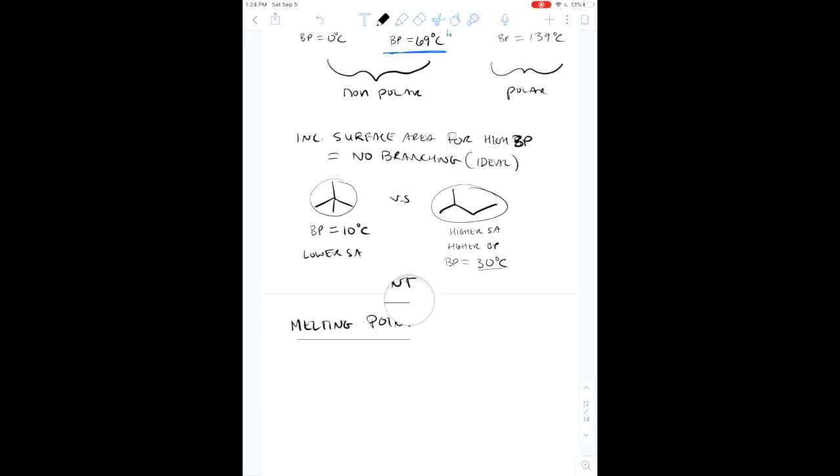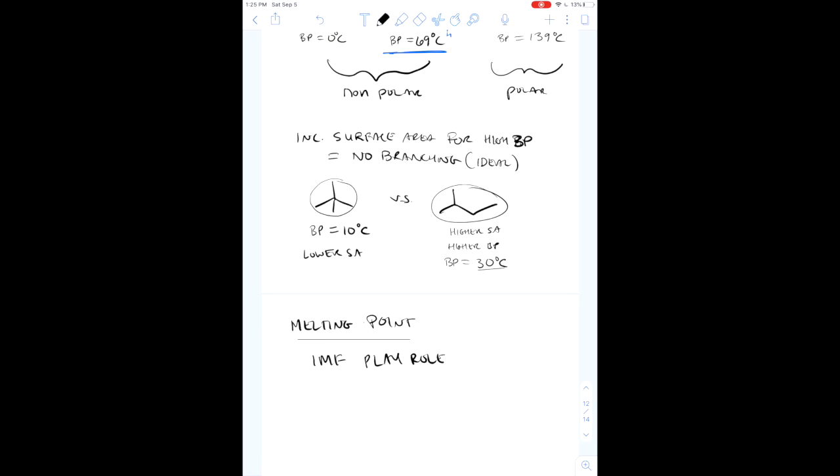Okay. Now, the melting point also is based off of intermolecular forces. Okay, so intermolecular forces play a role here, and that's because melting point is basically the point at which the solid material, which is tightly packed, close molecules, is becoming a little bit further apart into the liquid state, and so we have to break the crystal lattice, and that's basically a strong intermolecular force holding those things together.